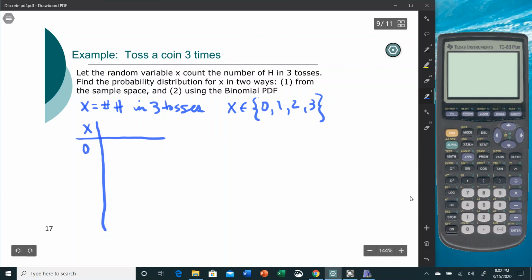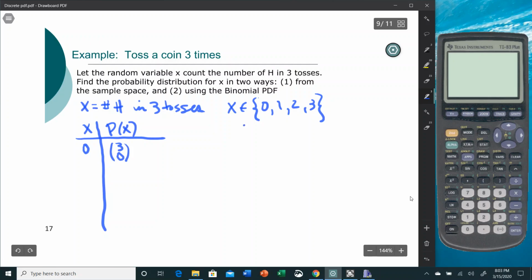So if X is equal to 0, what's P of X? Well, the probability X is equal to 0: there are 3 tosses, and we'll choose 0 of them. What's the probability of success, which is getting a head, in any of the tosses?